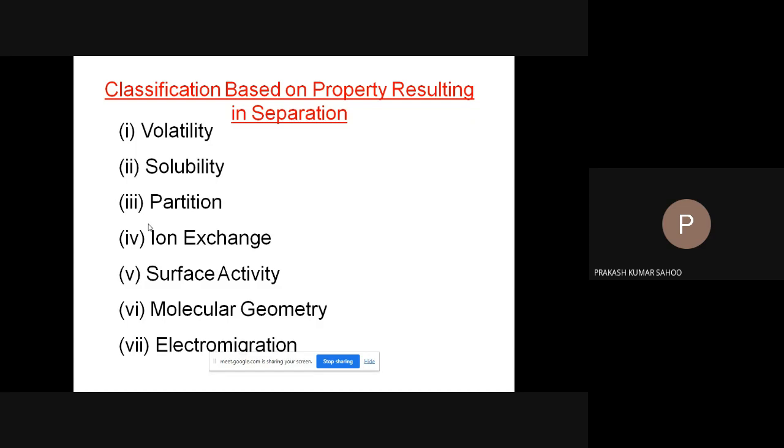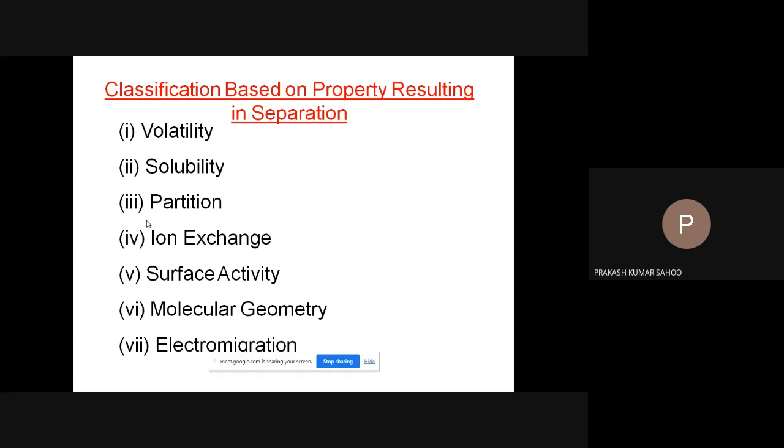That means charcoal is your adsorbent and water vapors are your adsorbate. So by the property of surface activity, that is by the phenomenon of adsorption, we also separate the constituents from the mixture.